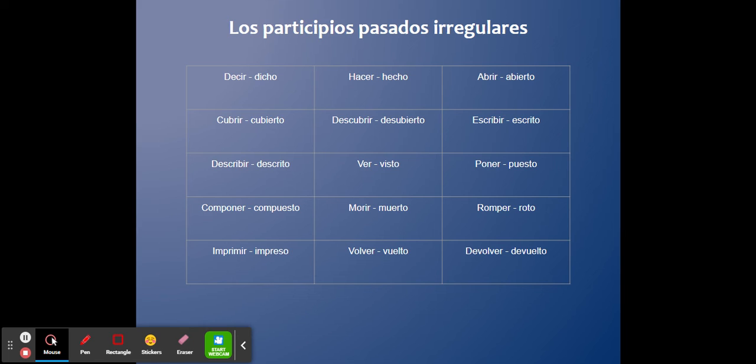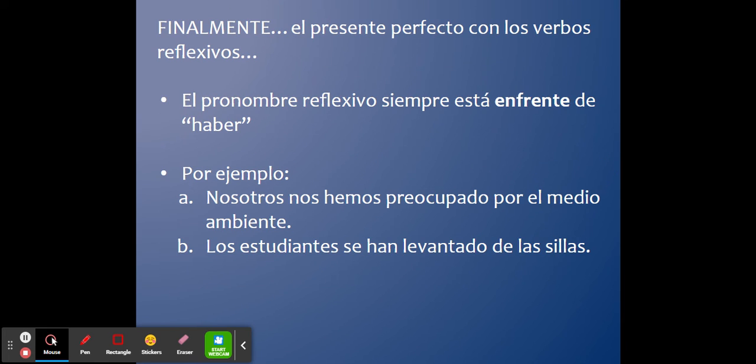Once you're situated with this, you want to get the last little bit of information here for página 5. And finalmente, el presente perfecto con los verbos reflexivos. Y el pronombre reflexivo siempre está enfrente de haber.